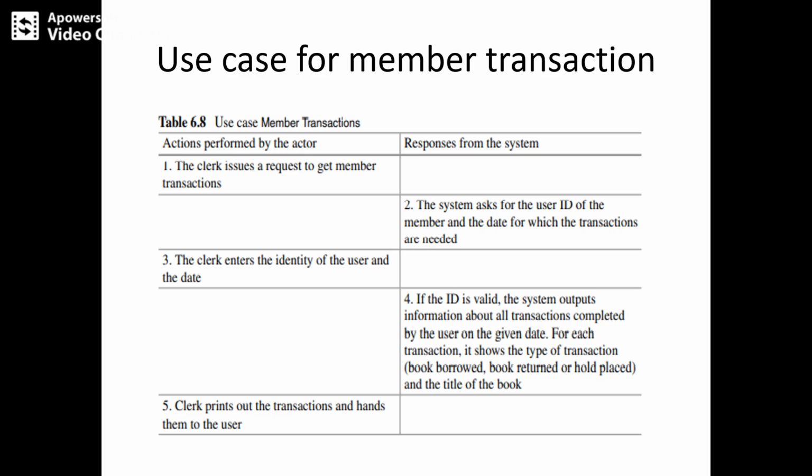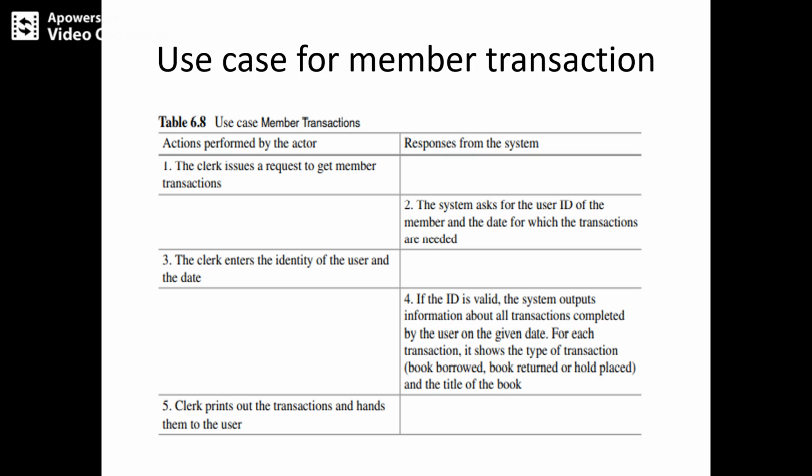All details will be given by the system. Then the clerk prints out all the transactions the customer requires and hands them to the customer or user. So this is the use case representation in table form for member transaction.